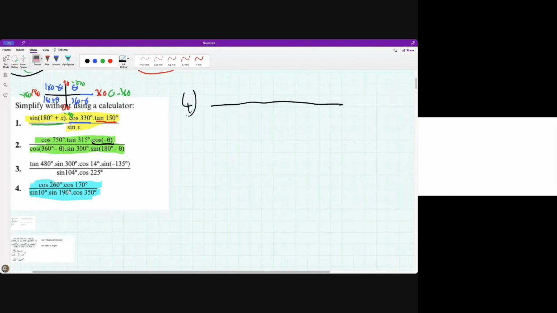Because I'm thinking, should I use 180 or should I use 270 as the axis that helps me make this smaller? Okay, the audience seems to be saying I'll tell you what, I will do both. How's about that? So if you use co-ratios, 260 would be in this quadrant. So you would get minus, and because it's a co-ratio, it changes to minus sine 10.